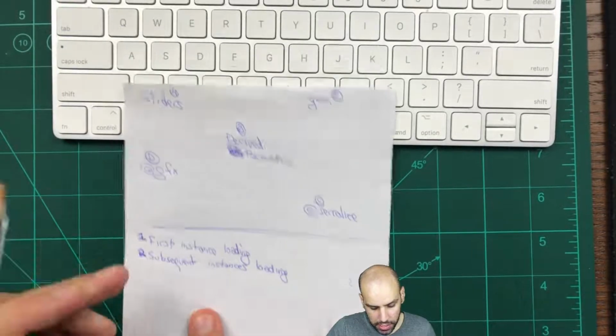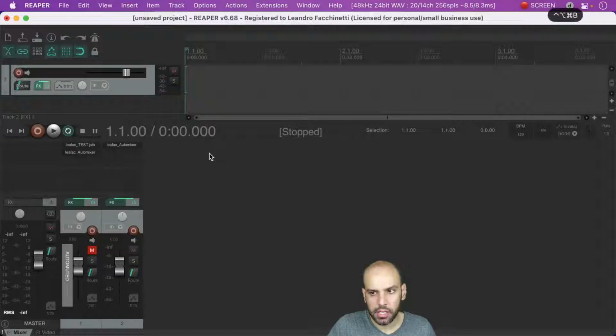And then what is kind of interesting is that if you remove all the plugin instances from the project, it seems like REAPER forgets about that plugin. And then the next time you load it, it is as if it was the first instance in the project, because REAPER will zero out the global memory for that plugin.